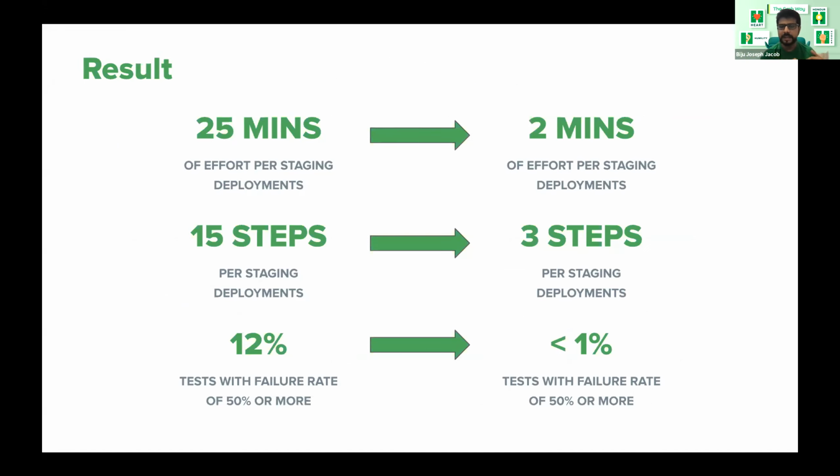It's just a very basic click-through process that gets your binary into staging. And not very long ago, about 12% of all our integration tests had a failure rate of 50% or more. With all the tools that we built around it, we have now gone to less than 1%.